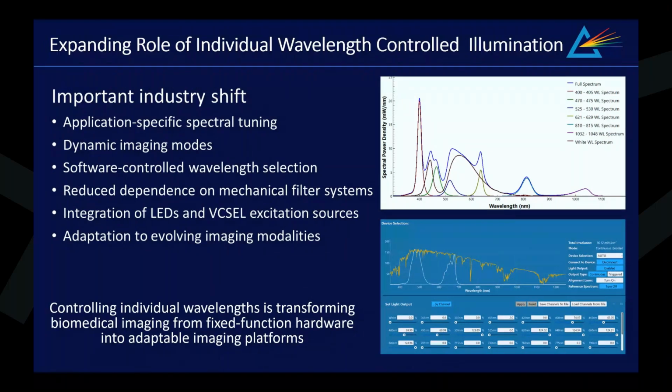Electronic spectral control can additionally reduce dependence on moving optical components, simplifying system integration while improving switching speed and operational stability. As spectral imaging, molecular imaging, and computational analysis continue advancing, illumination systems are evolving into actively controlled components of the overall imaging and analytic platform.